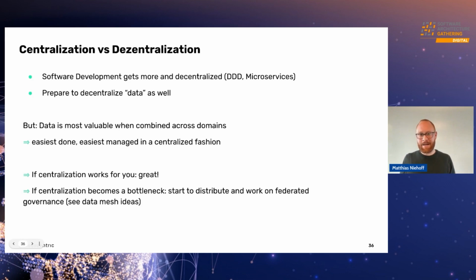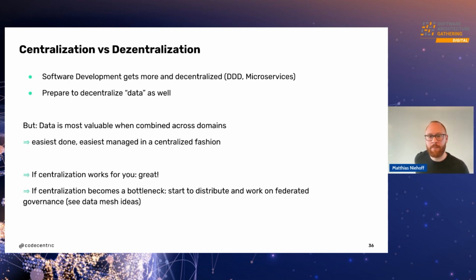But data isn't meaningful or valuable just in a decentralized, separated place. You have to combine it with other domains. And this is easiest done and managed in a centralized fashion. So I would say if centralization works for you and you don't have any pain and you don't feel like you're going slow or the central team becoming a bottleneck, hey, centralization is always easier.